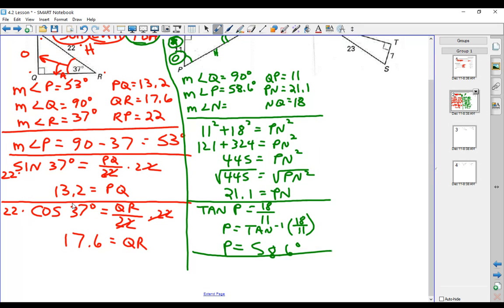We've got the tangent of angle N is equal to 11 over 18, the opposite over the adjacent. And N is equal to the inverse tangent of 11 over 18. And when you work that out, N comes out to be equal to 31.4.